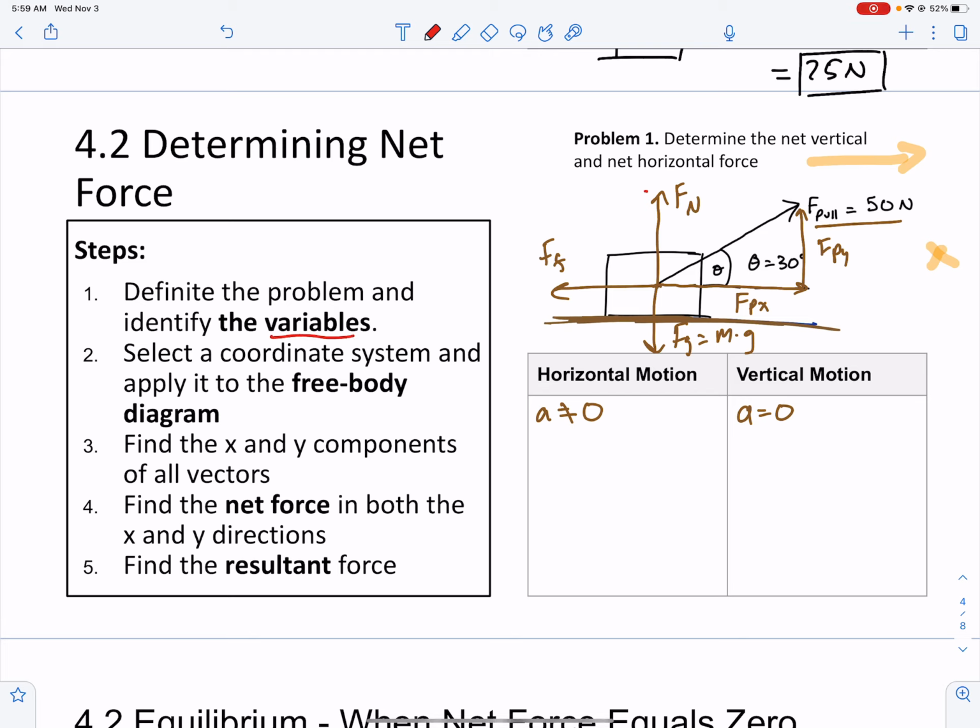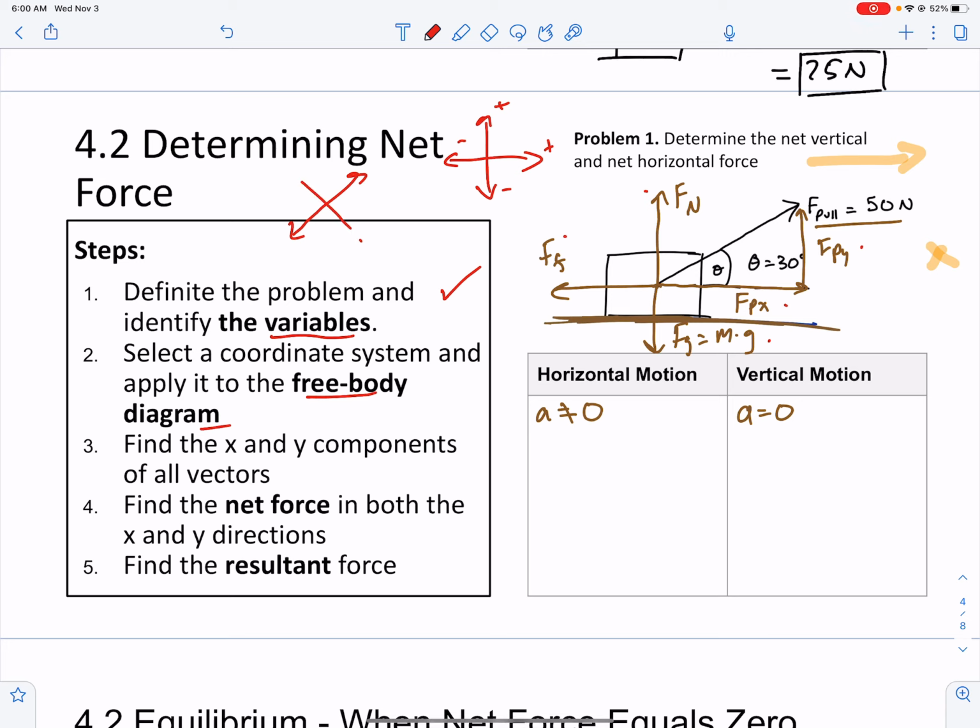Okay, we do that by writing out our free body diagrams, recognizing any two-dimensional pull has an x and y component. Then we select a coordinate system and apply it to our free body diagram. Okay, well, coordinate system just means what directions are positive, plus, minus. Or we could say move our plus and minuses.